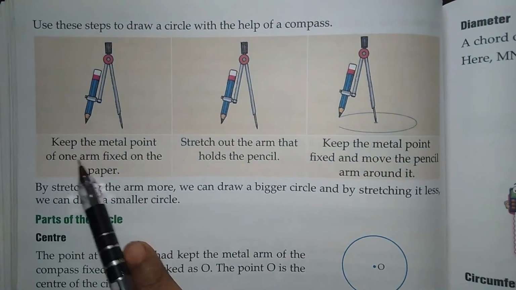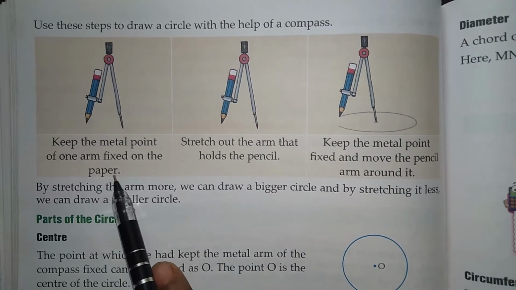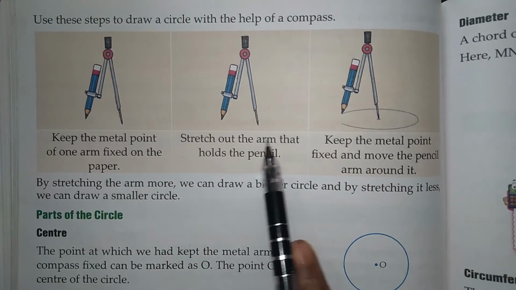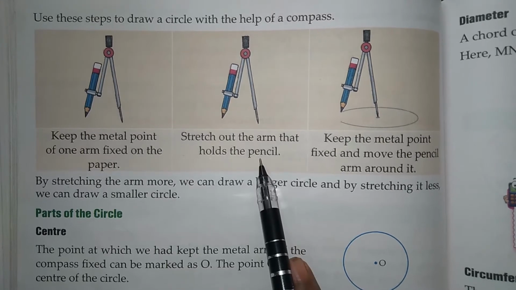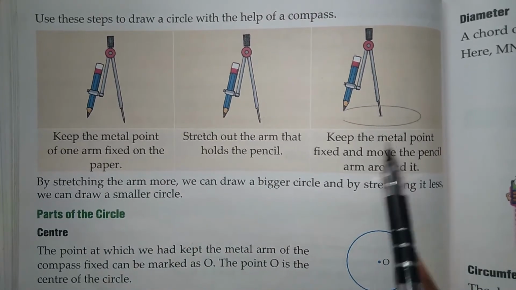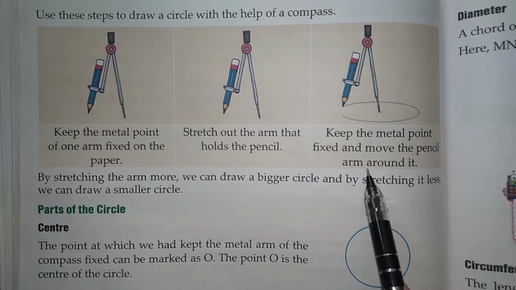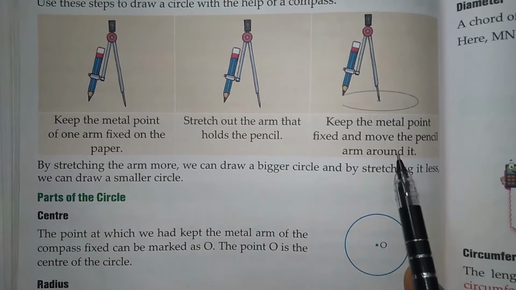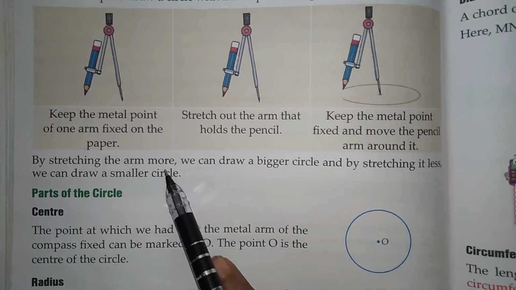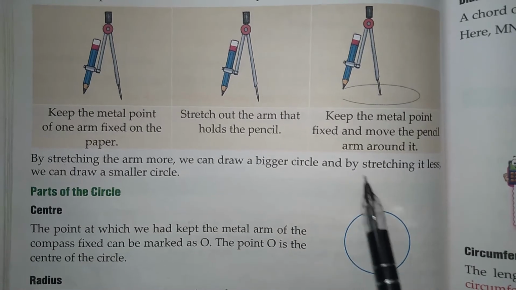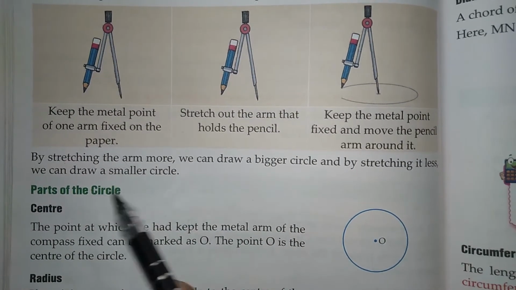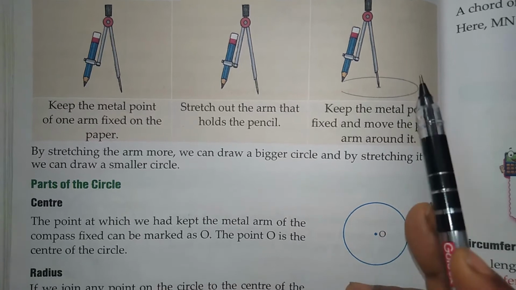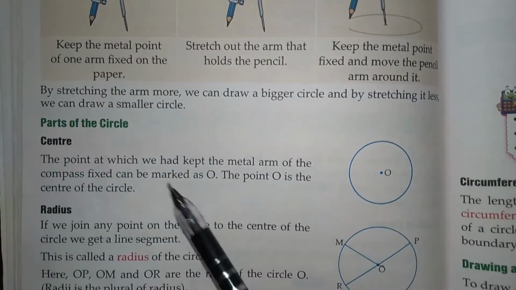Keep the metal point of one arm fixed on the paper, then stretch out the arm that holds the pencil, and keeping the metal point fixed, move the pencil arm around it. Okay. By stretching the arm more, we can draw a bigger circle, and by stretching it less, we can draw a smaller circle. Okay, try it.